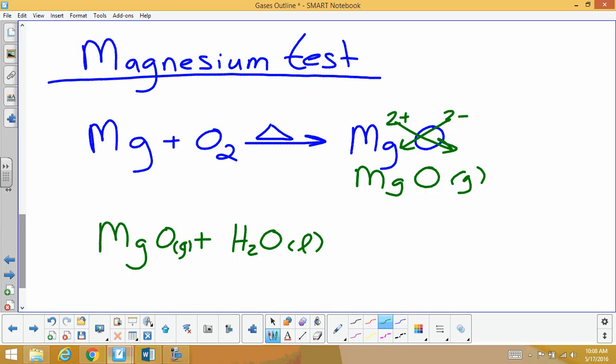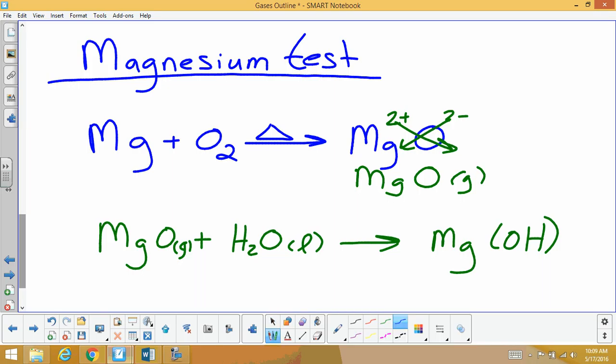So we shook it, we agitated it, we diffused the magnesium oxide into the water, and we end up with, and this is where that chemical equation sheet I gave you early in the year helps you out, an active metal oxide with water, and we end up with MgOH, so magnesium hydroxide.